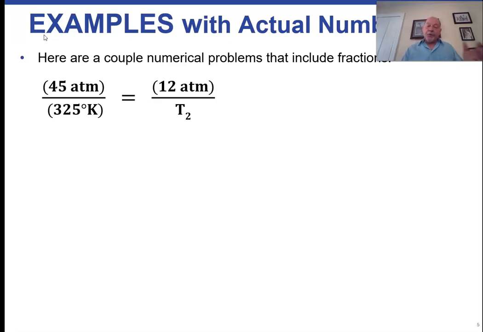Well, we could have simplified the formula before we put the numbers in, like we did in the previous slide, or we could put the numbers in and then do the cross multiplying.